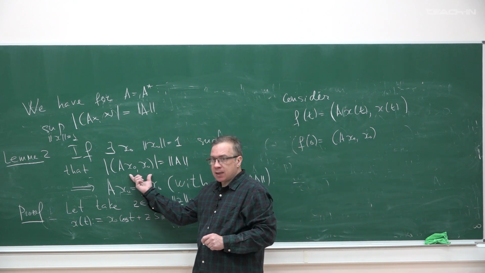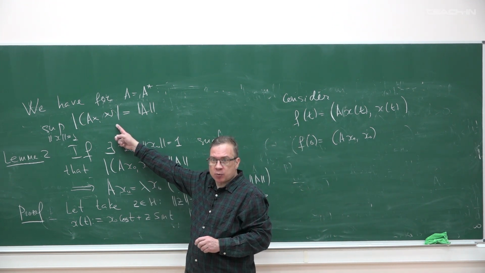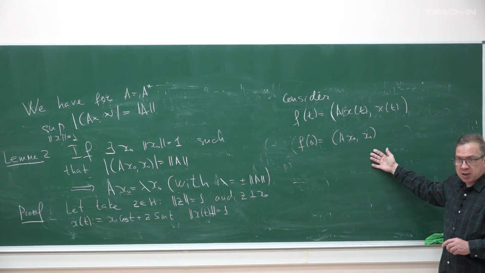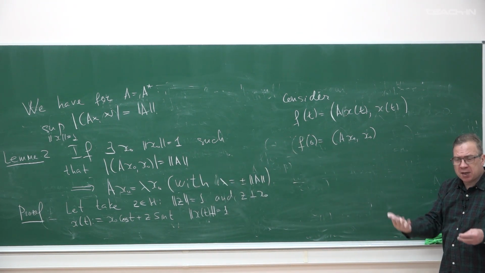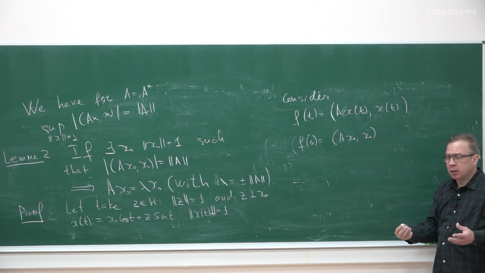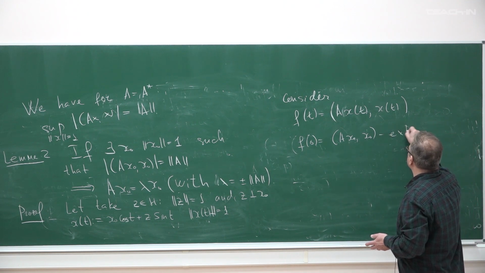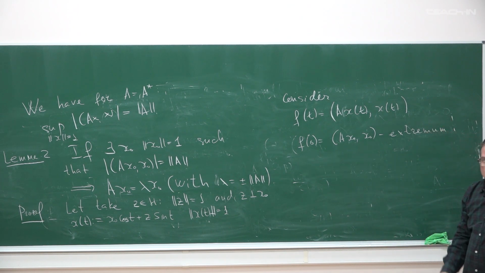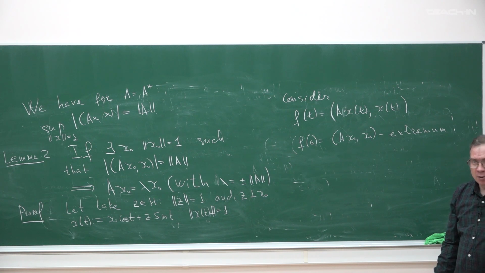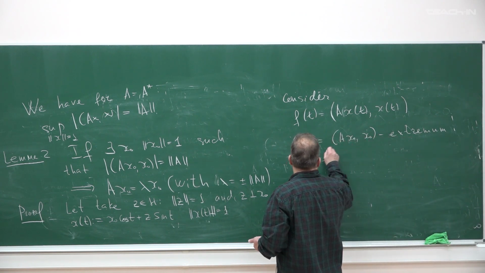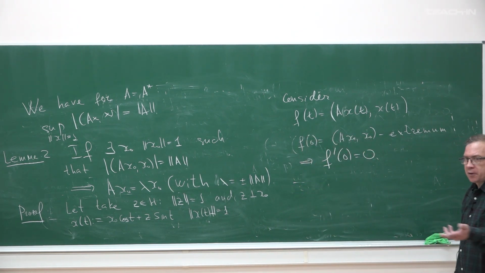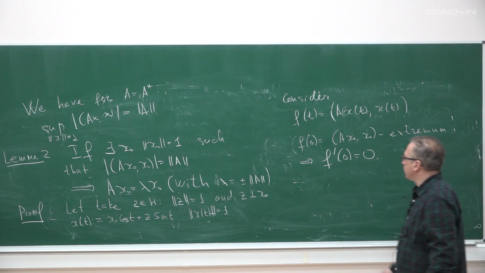On vector x0 we have an extremum of this function, so a supremum. Without absolute values it can be a maximum or a minimum. It is an extremum point. So what can we say about the derivative at this point? 0. It must be 0. Let's calculate the function and derivative.